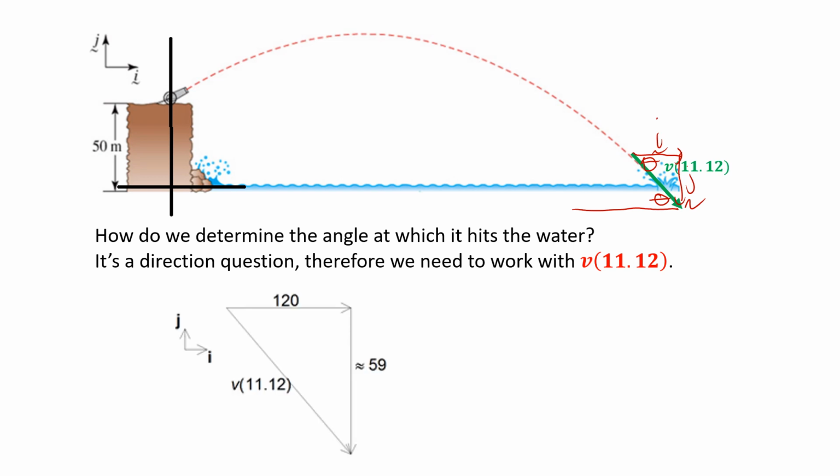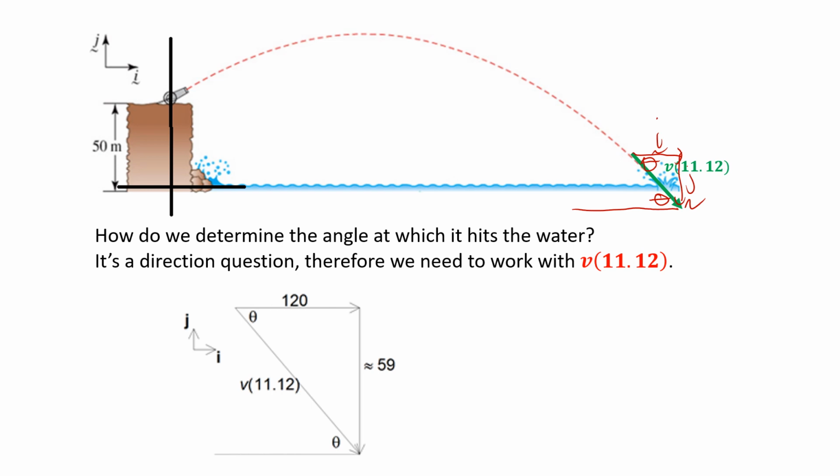So here's a nice diagram for you. When we do substitute 11.12 into our velocity vector function, we've got 120, as we know. It's traveling at that constant speed in the i direction, and when I sub 11.12 in, the j is about 59. But of course that's not the angle I'm after.